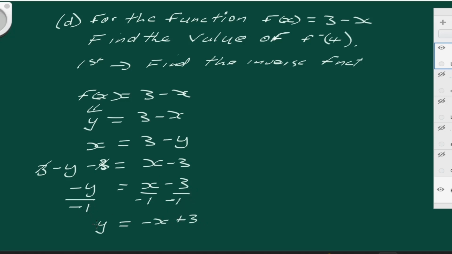The reason why we divide by negative 1 is because the question asks us what is the value of y, so we could not have left the y to be negative. In order to remove the negative on the y, we divide the negative y by negative 1, which will render the y positive. And for each term on the other side of the equation, we need to do the same, divide by negative 1.